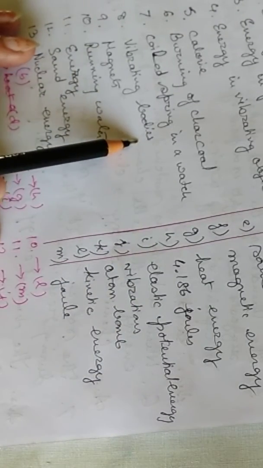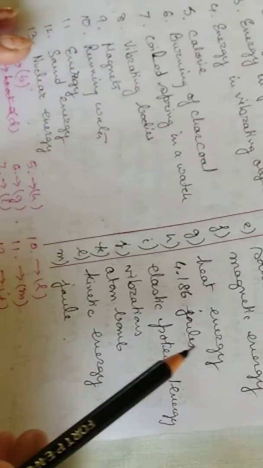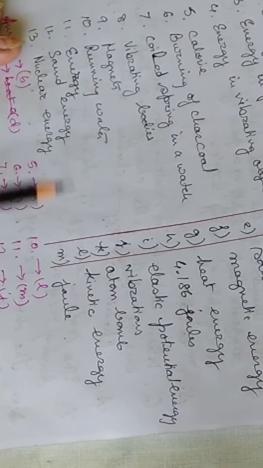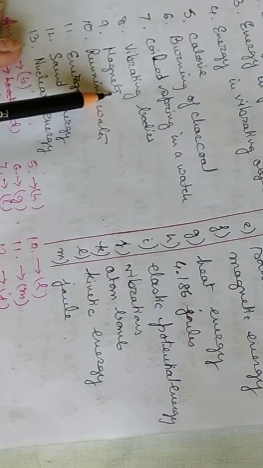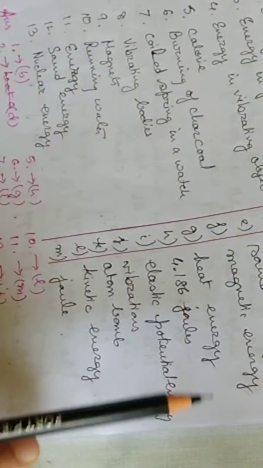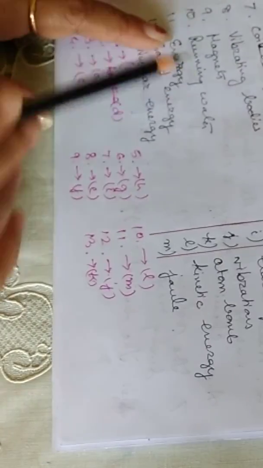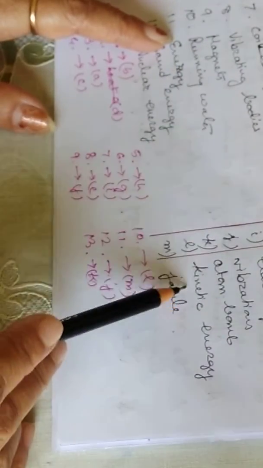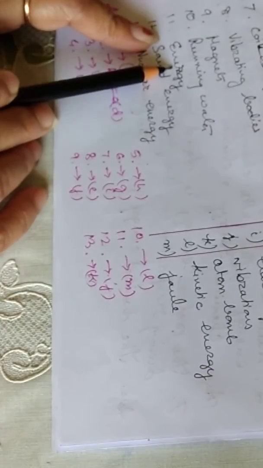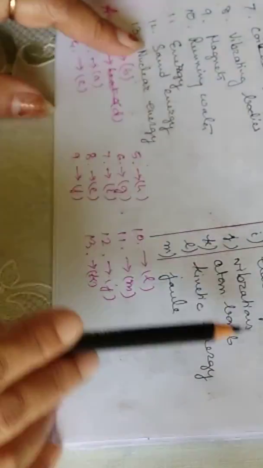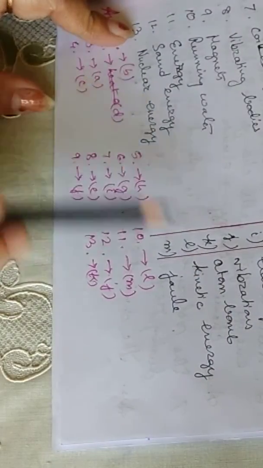Vibrating bodies produce sound energy, matches with sound energy. Then magnets have magnetic energy. Then running water has kinetic energy. Energy is joule. Then sound energy, vibrations. Nuclear energy, atom bomb.